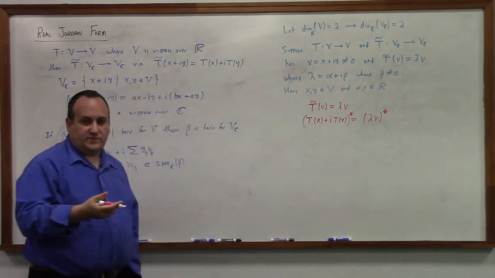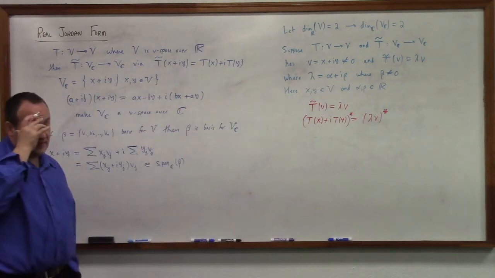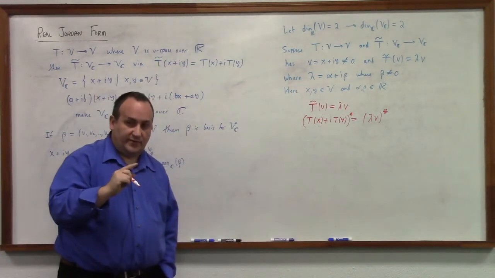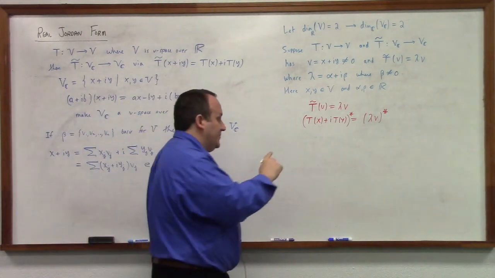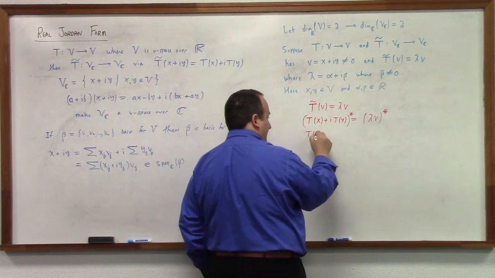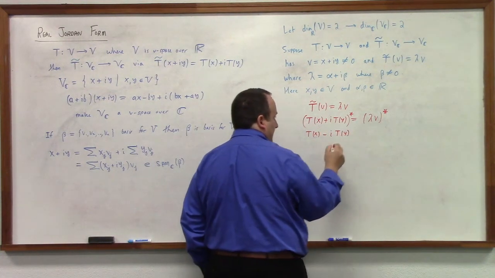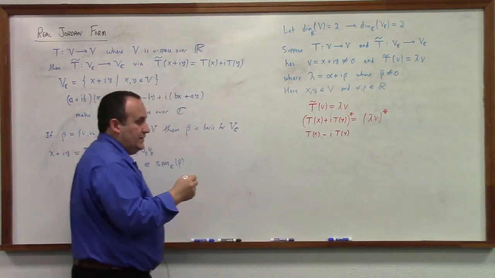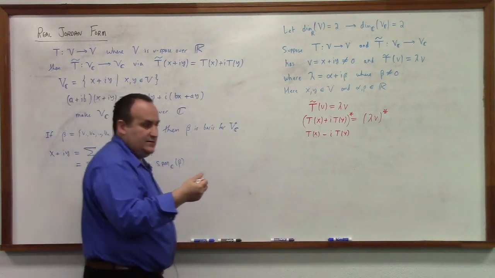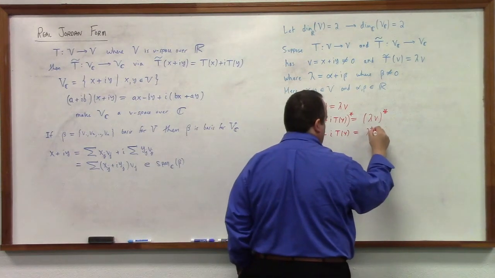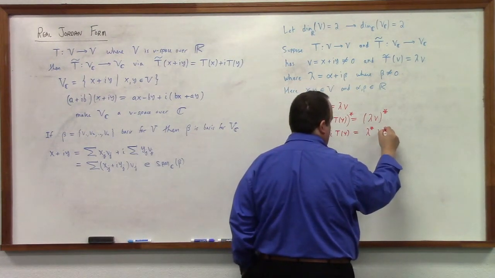All right, through straightforward properties of complex conjugation, since T of x and T of y are both real, that means they complex conjugate to themselves again. The i goes to minus i. And on the other side, we get lambda conjugate v conjugate, right?